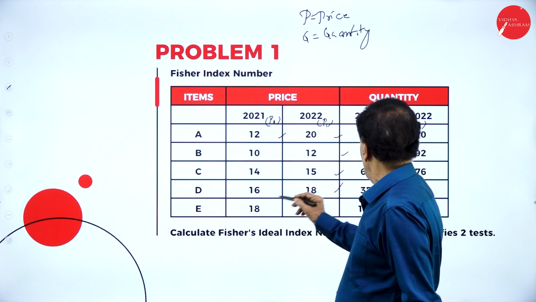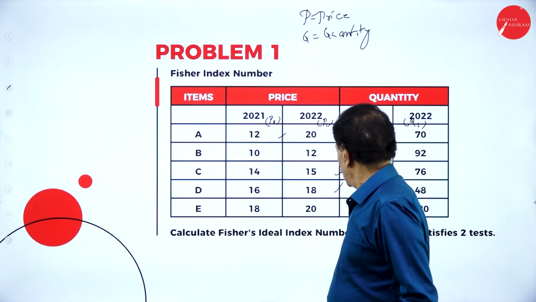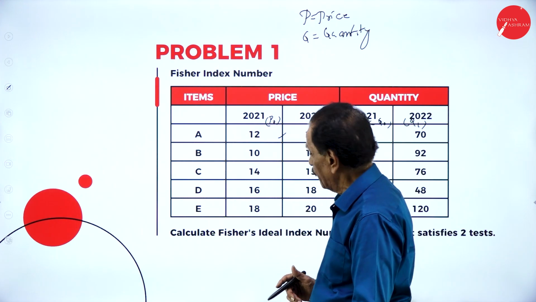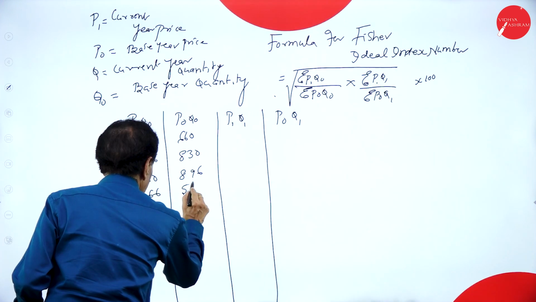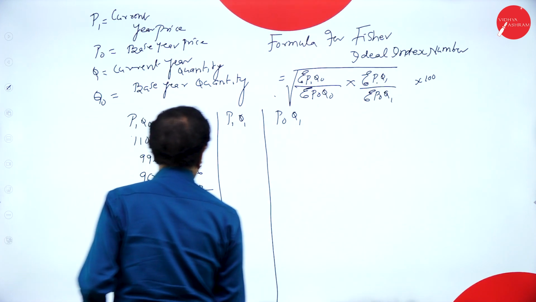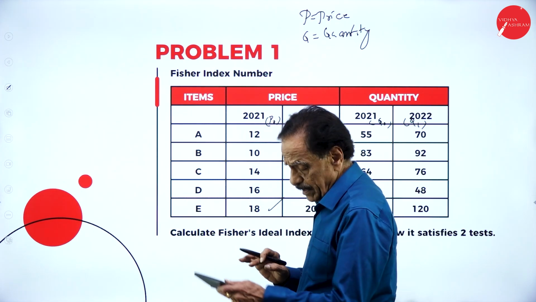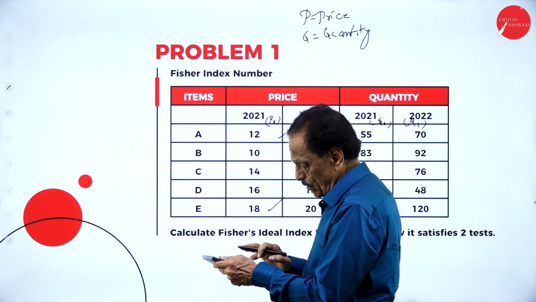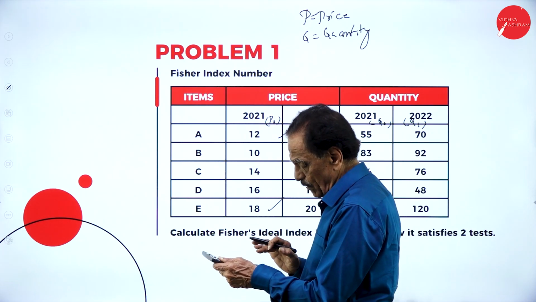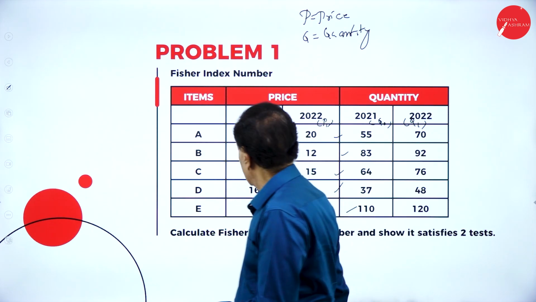Then 16 into 37, 592. Last one, 18 into 110, 1980.